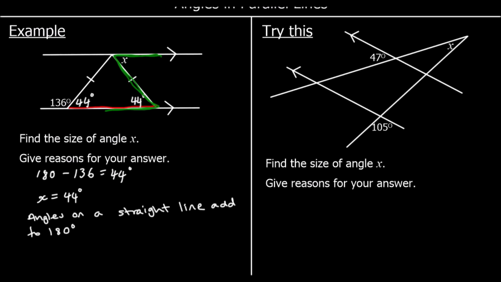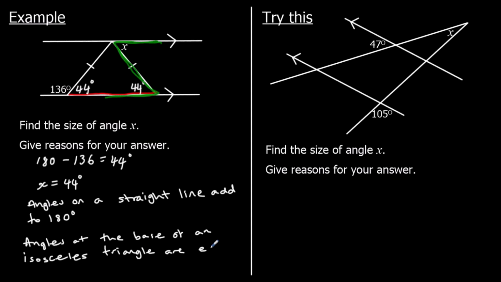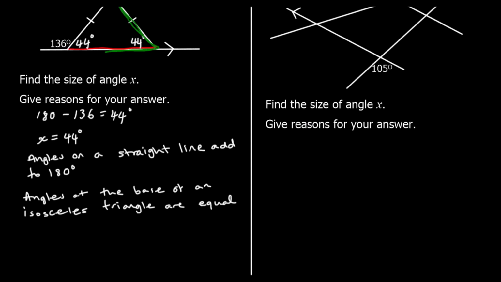We used angles at the base of an isosceles triangle are equal. And we used alternate angles are equal.